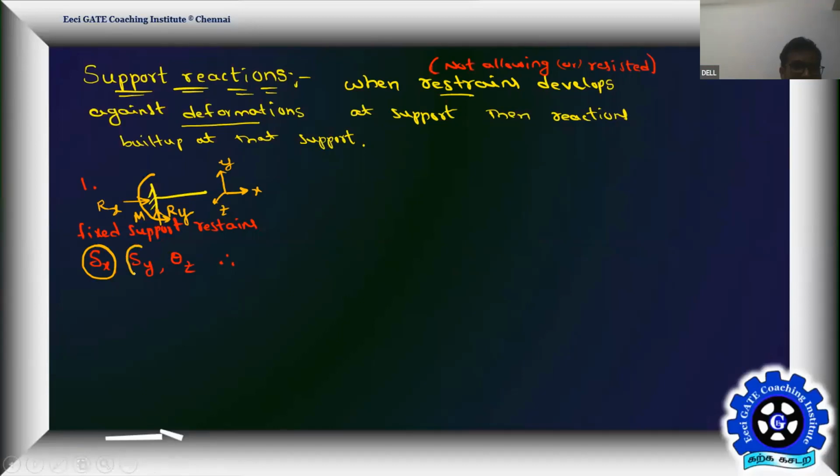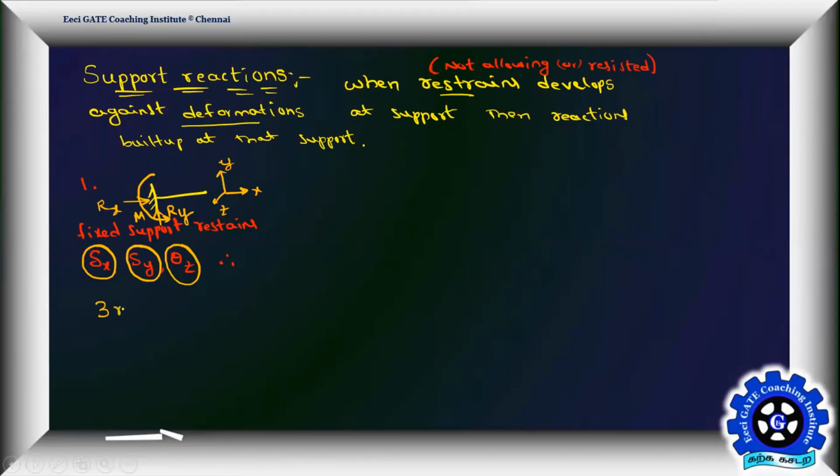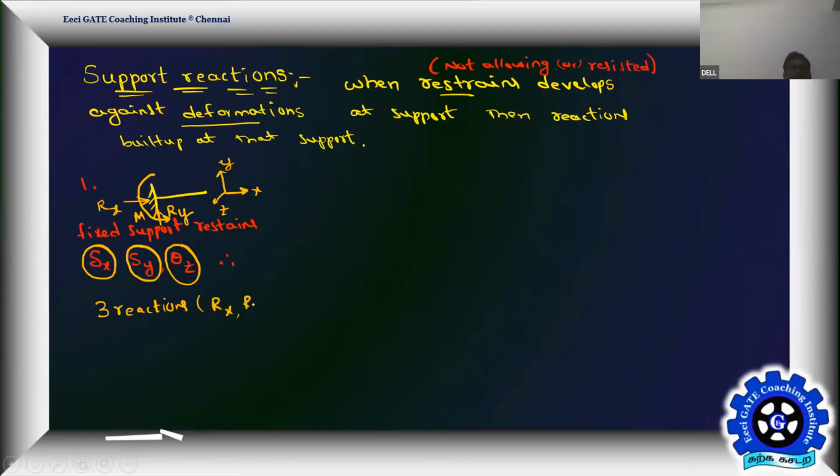Because it is restraining in Y direction, we have Ry. Because it is not allowing rotation about the Z axis, a moment is developed. How many reactions in total? 3, sir. This is the best way of learning, otherwise you'll get confused unnecessarily. So the 3 reactions are reaction in X direction, reaction in Y direction, and moment about the Z direction, because only about Z can moment happen.